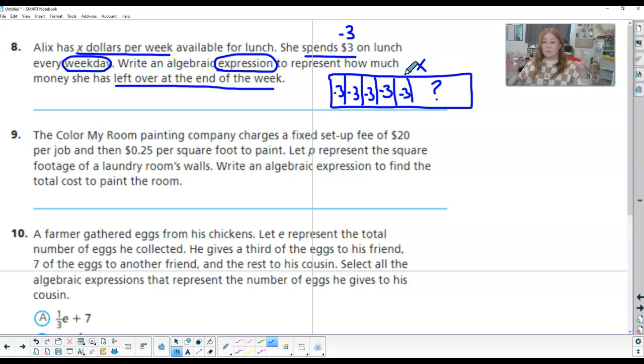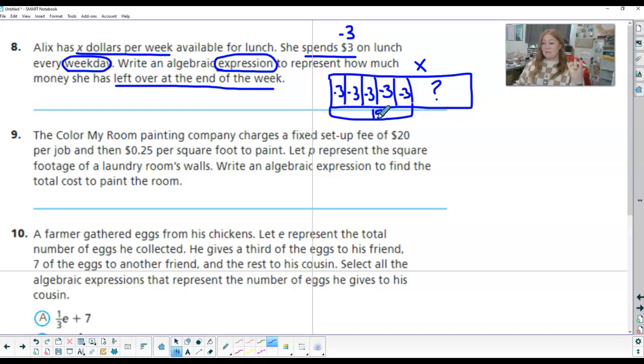So we don't know what this is, right? But we know how much she spent. She spent 15, right? She spent $3 5 times. So just think if her parents gave her $20, what would she have left over? Right? This would be 5. If her parents gave her $25, how much would she have left over? This would be 10.